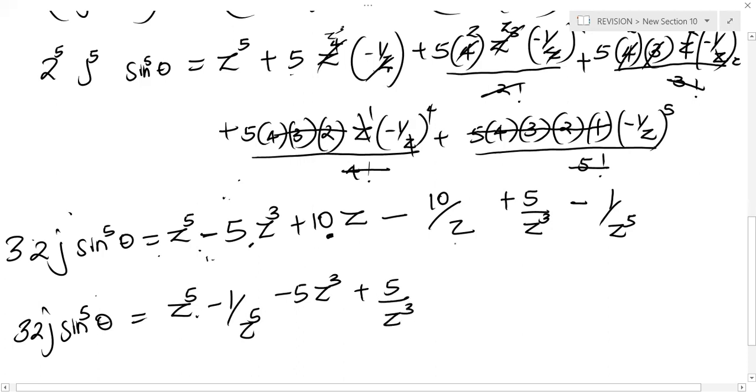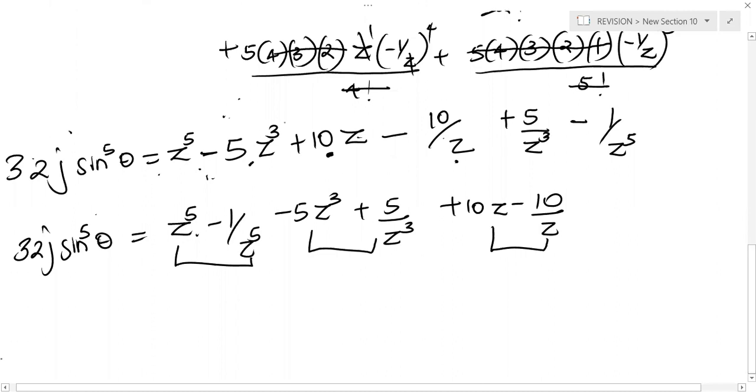Then I take this and this, that is plus 10z minus 10 over z. What is left? I've taken everything. Now this will give me some sine function. If I rewrite this nicely so that I factor out the negative, this will also give me some sine function. If I factor out the negative here, this will also give me some sine function.